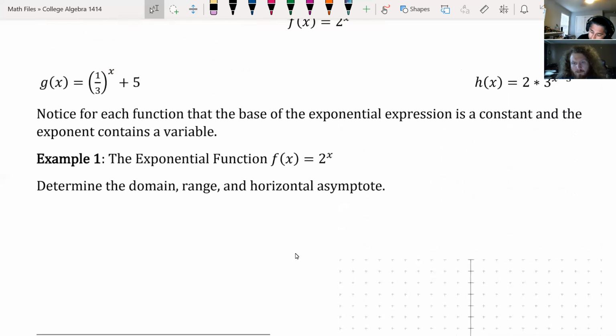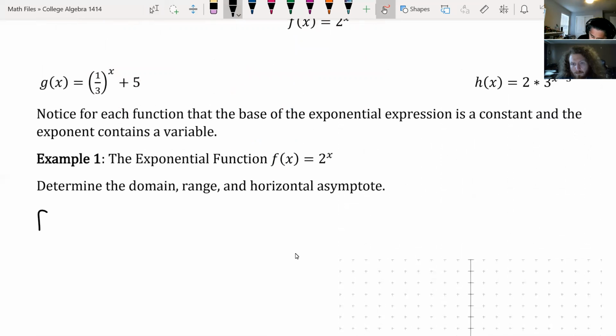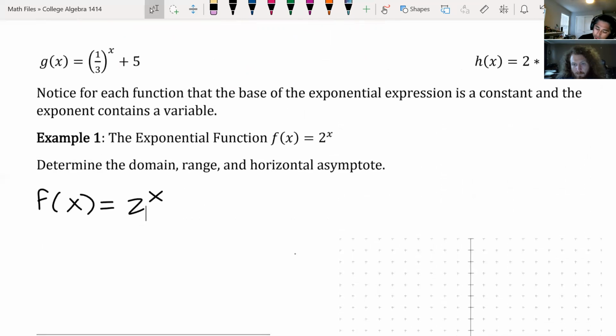So I'll come down and I'll rewrite it here. For f of x equals 2 to the x, we want to go ahead and graph this. So we're going to make an XY chart.